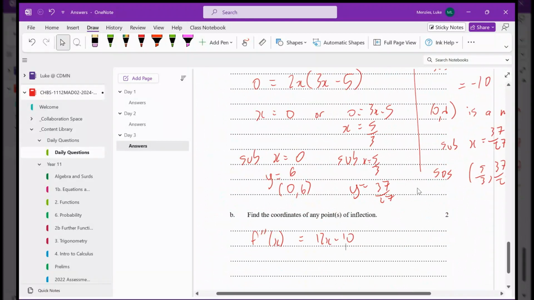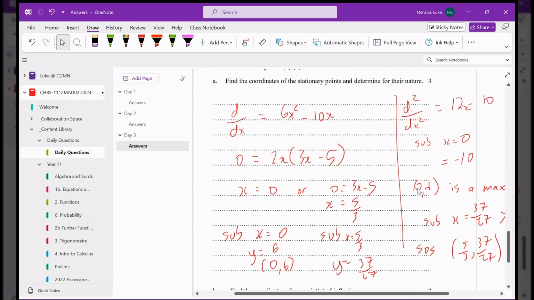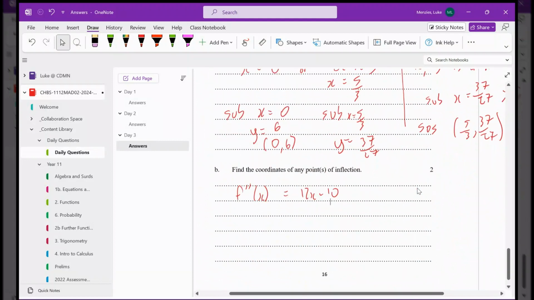So set f double dash of x equal to 0. So we've got 0 is equal to 12x minus 10. x is equal to 5 over 6.